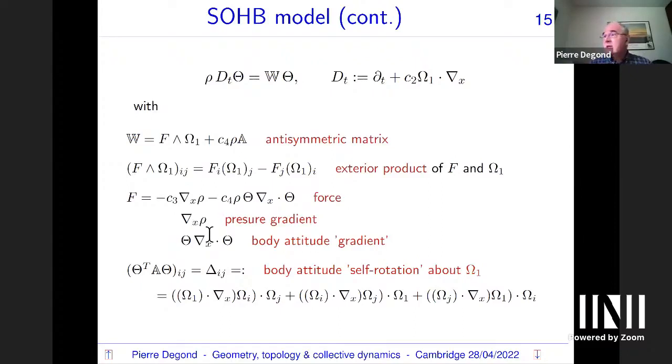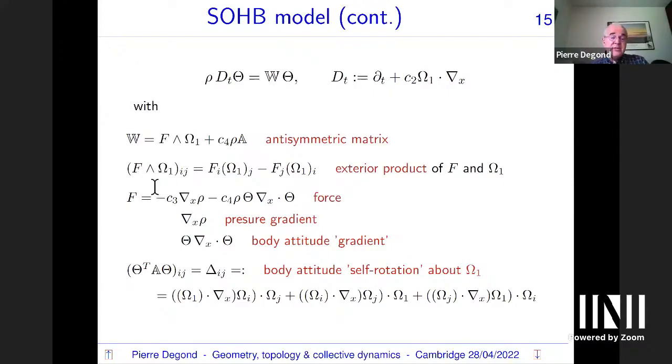But the other unknown is the rotation itself. And so there is another component of the force which stems from gradients of the matrix theta, which we will call body attitude gradient. So we have a pressure gradient and the body attitude gradient, and they both combine into a single force vector, right? So now this force vector enters the antisymmetric matrix into this wedge product, which describes a rotation in the plane of F omega 1.